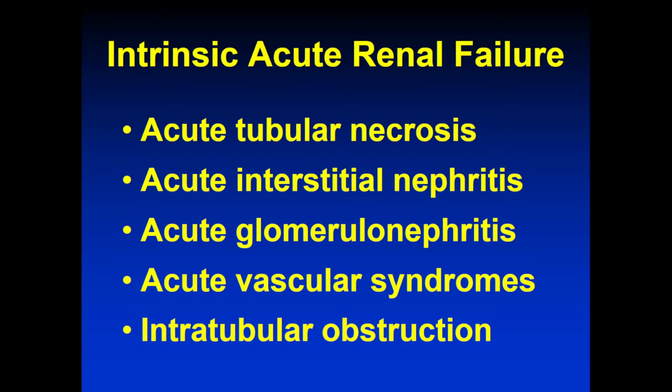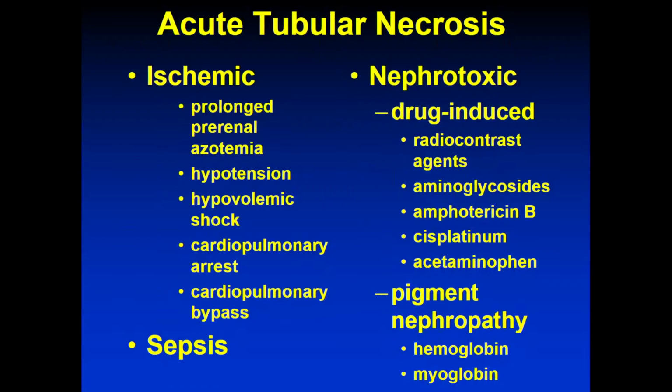Intrinsic acute renal failure, I simply here repeat, we consider acute tubular necrosis, acute interstitial nephritis, acute glomerulonephritis, acute vascular syndromes, and intratubular obstruction. Acute tubular necrosis.